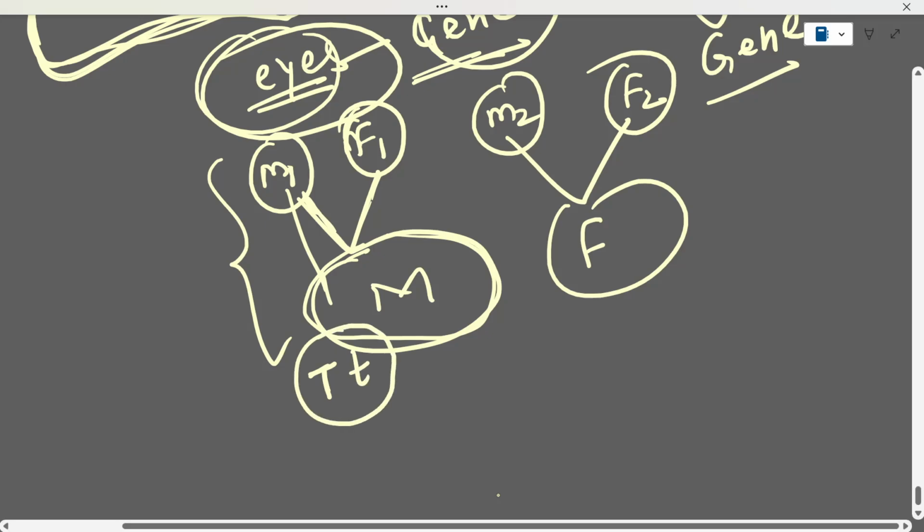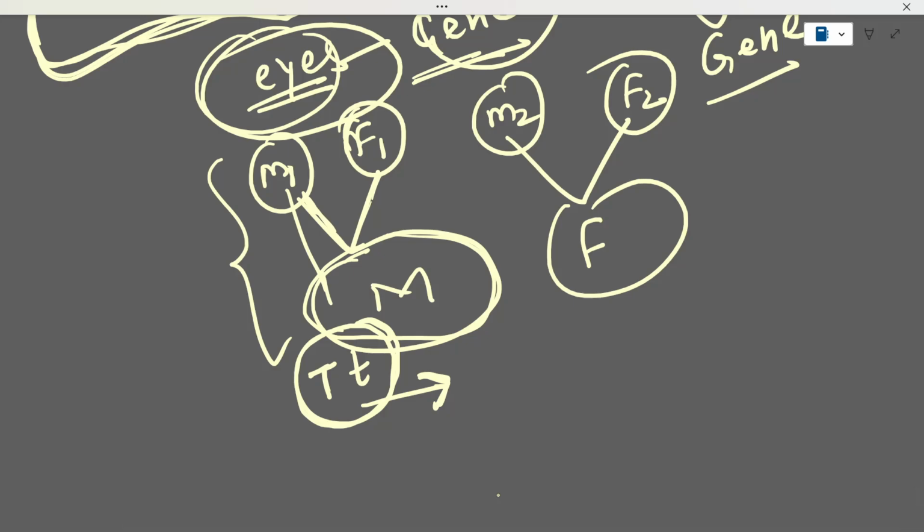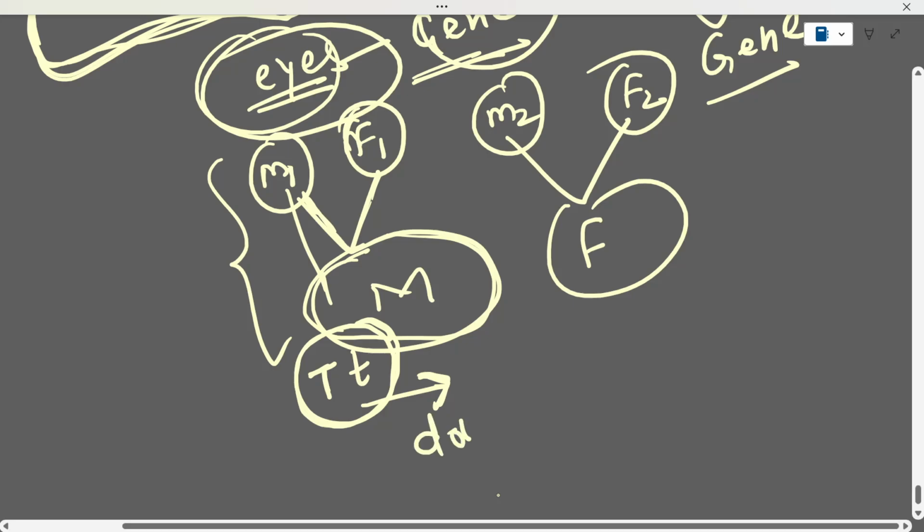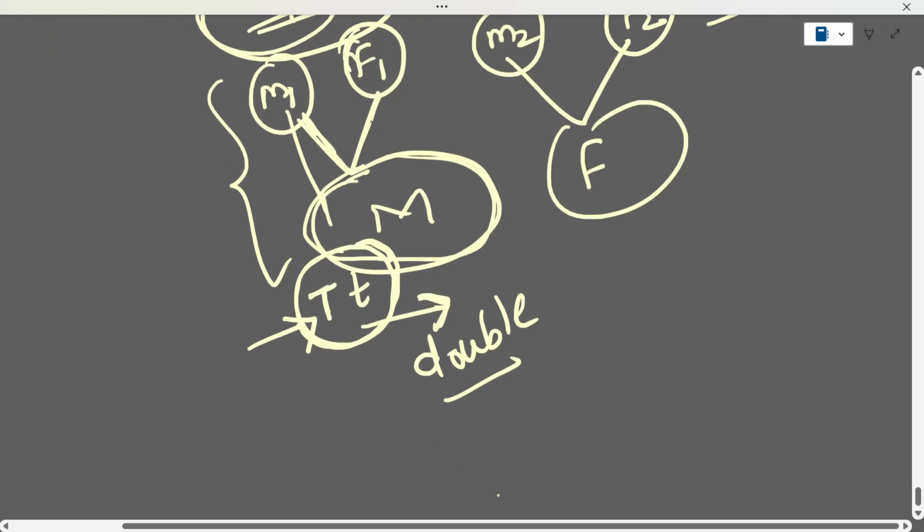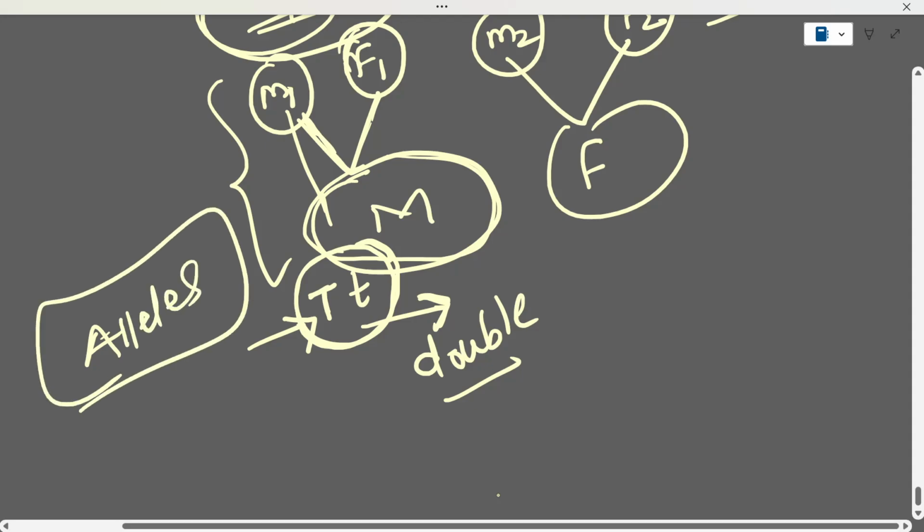So that's why in her DNA also, the gene for teeth will be expressed, it will exist in the form of a double. And these double codes or double traits or genes are known as alleles. These are nothing but two forms of a particular trait.